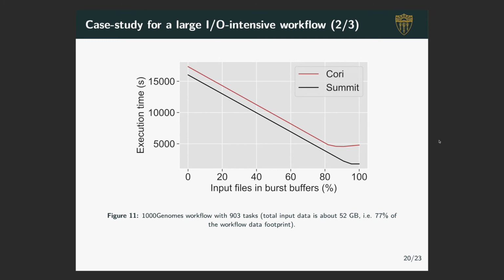We can observe that Cori and Summit follow the same trend: the more you put files in the burst buffer, the faster you go, which makes sense. We also observe that Cori reaches a plateau after 18%, much faster, because we are saturating the bandwidth, and Summit reaches a plateau close to 100% because Summit's burst buffer has a higher bandwidth.